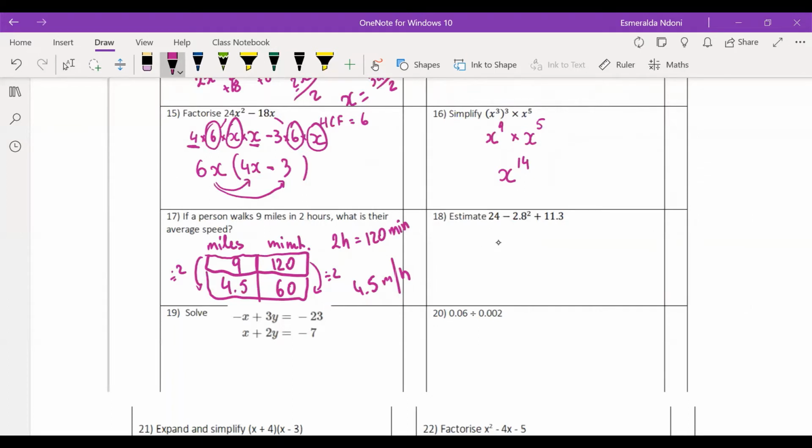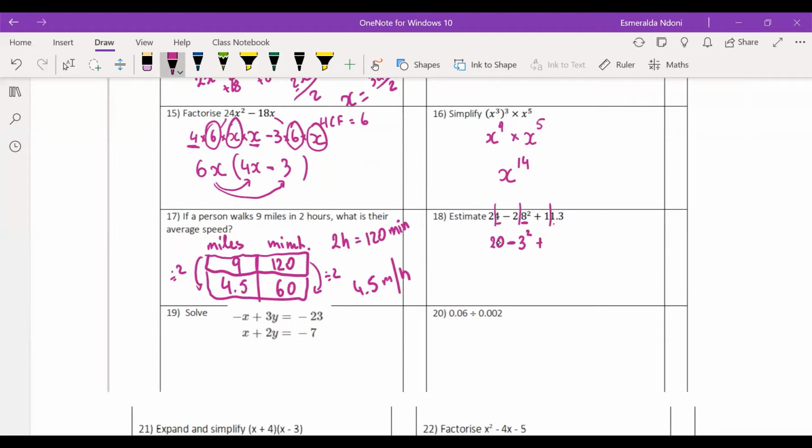Question 18. Estimate. To estimate, we round to 1 significant figure. So let's do the rounding first. 24, the 4 is too weak, so that remains as 20. Take away 2.8. First significant figure is a 2, the 8 is too strong, so we'll change it into a 3, and I'm still squaring that.